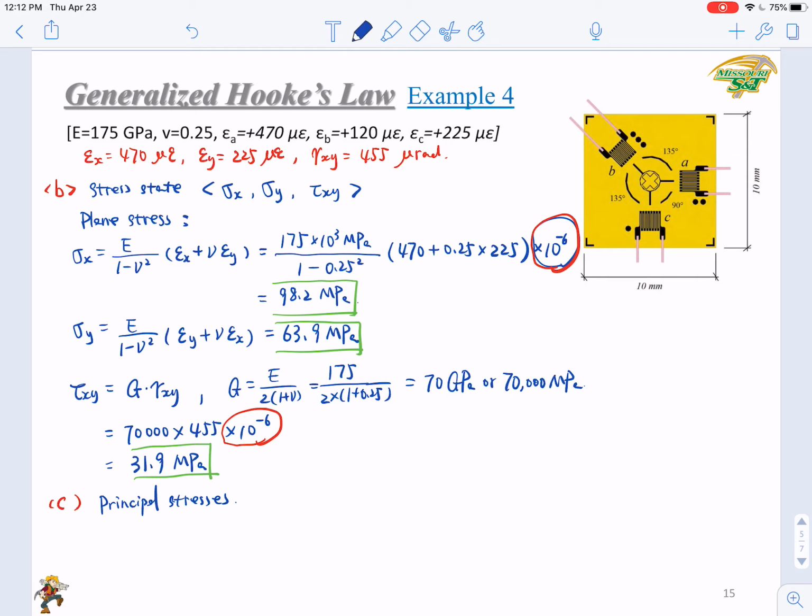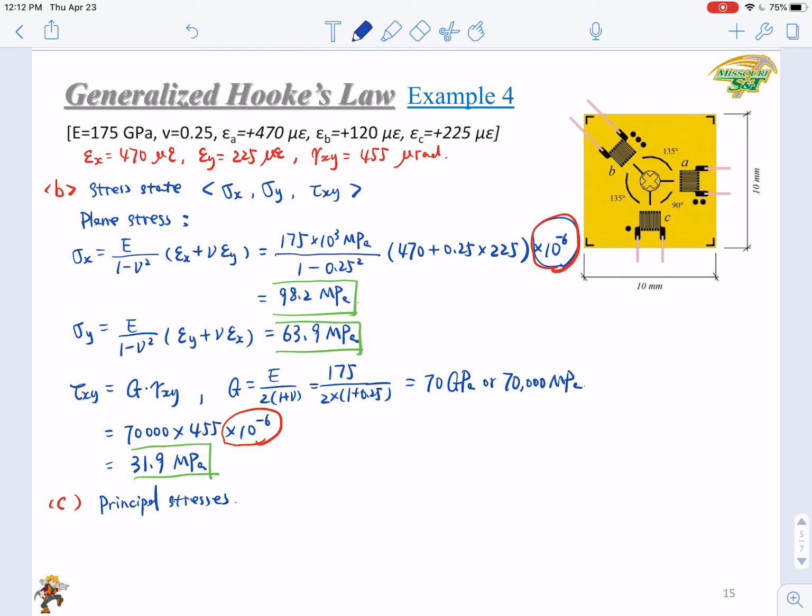So thinking about Mohr circle, from Mohr circle you can easily recall this equation. In the Mohr circle, the principal stresses will be the 2 points at the left-hand side and the right-hand side of the Mohr circle. You can just start from the center plus and minus 1 times the radius.